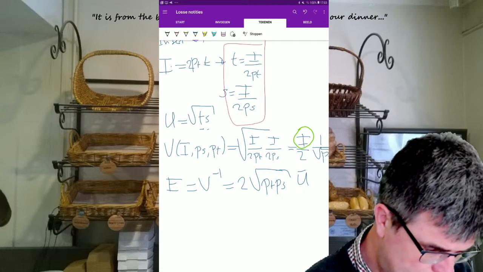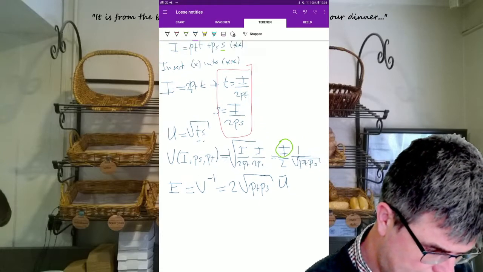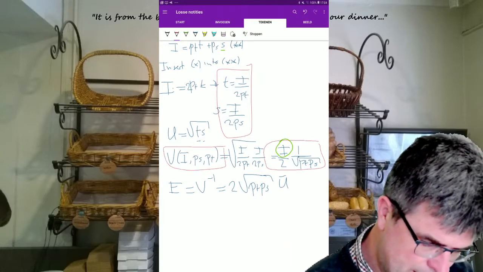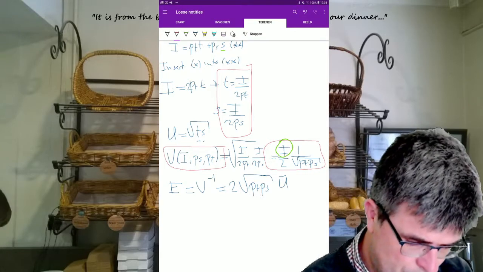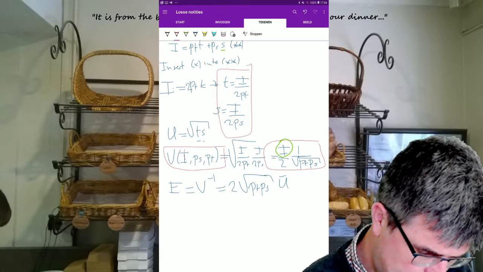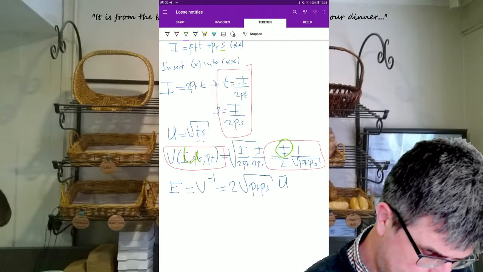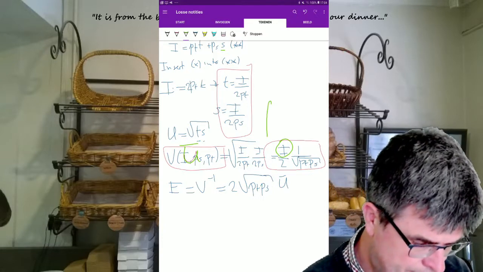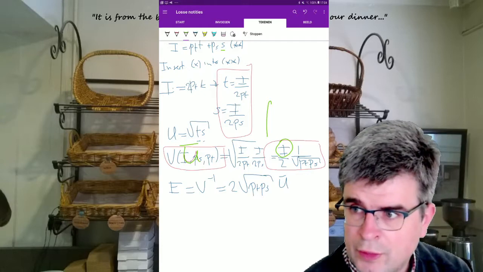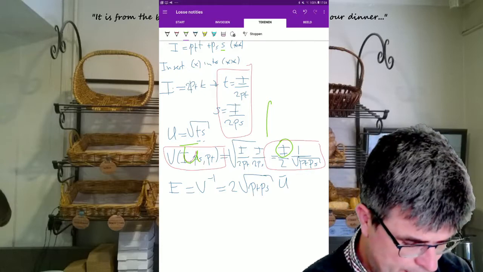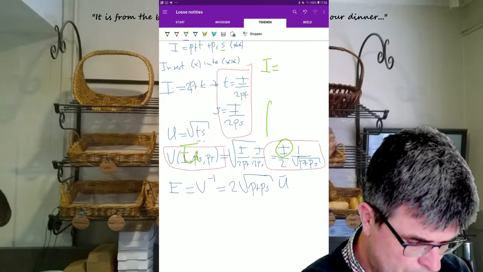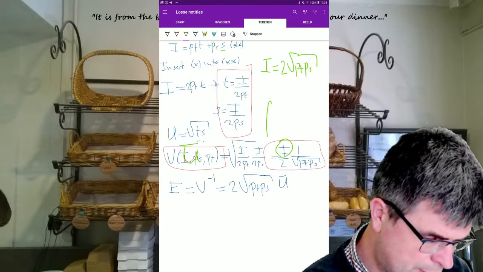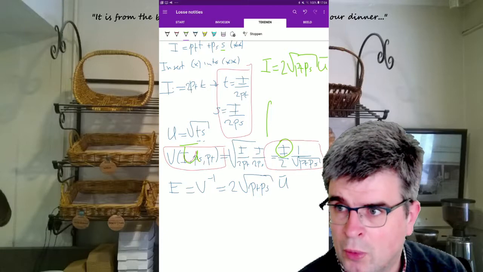In fact, what I do is I take this expression that we have over here, and I say, okay, let's fix the utility level at a certain value U bar. So we replace this one with U bar, and then we solve for I. Bringing the things in the denominator to the left-hand side, we get that y is equal to 2 times the square root of PT PS times the fixed utility level U bar.